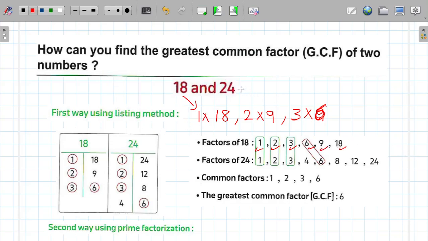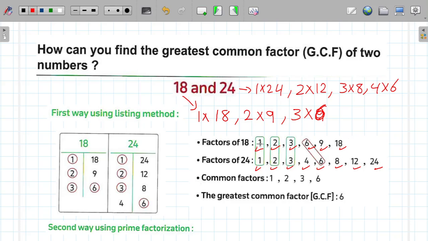Next, I have 24. 24 equals 1 by 24 and 2 by 12, 3 by 8, 4 by 6. So I have 1, 2, 3, 4, 6, 8, 12, and 24.